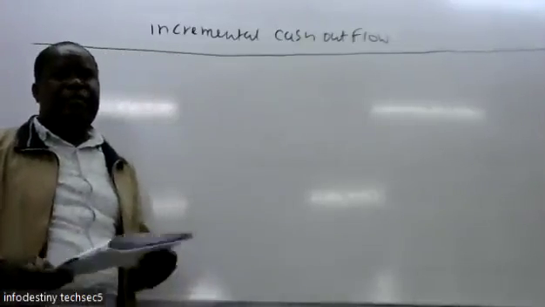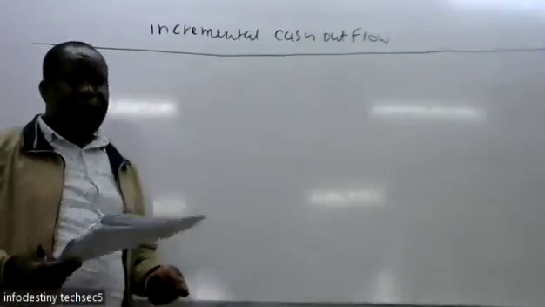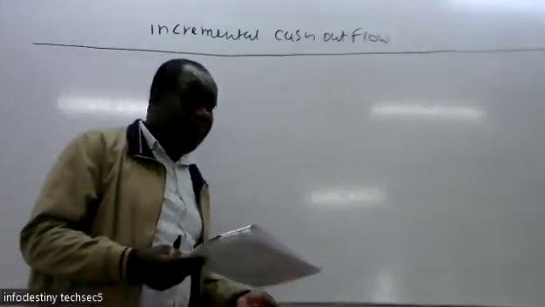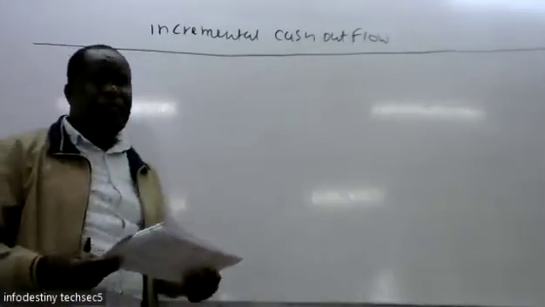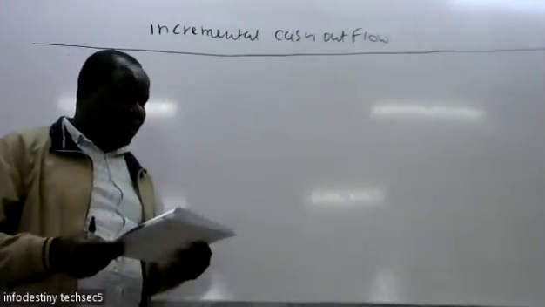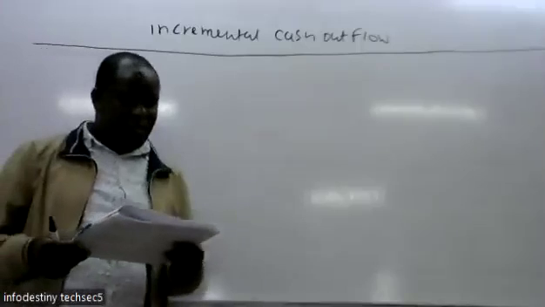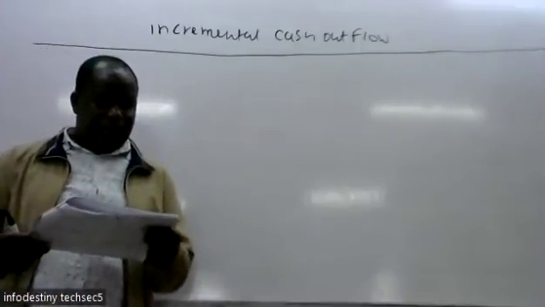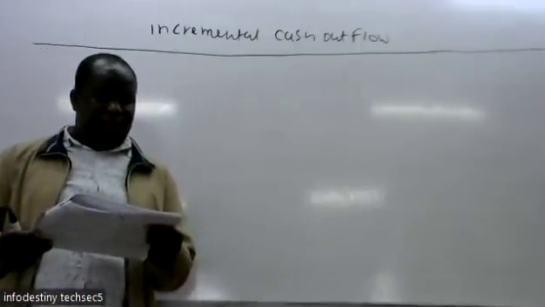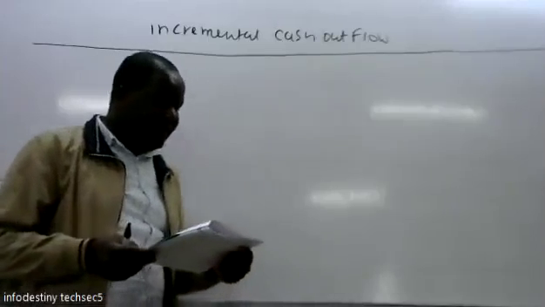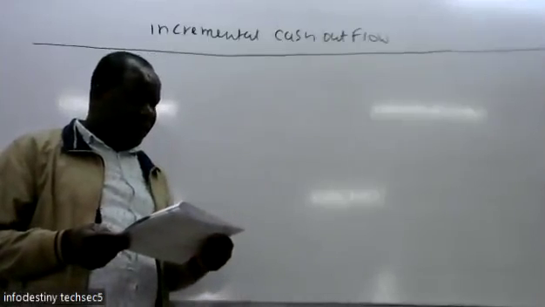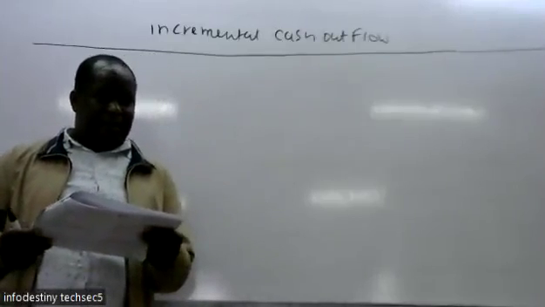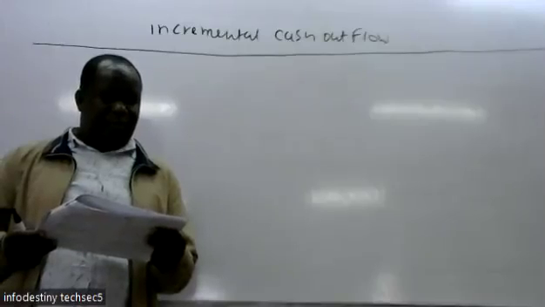we shall start off with some items. We normally start with the initial cost of the new machine. The question had given you the purchase price of the new machine, where they say that the new machine will cost 600,000.